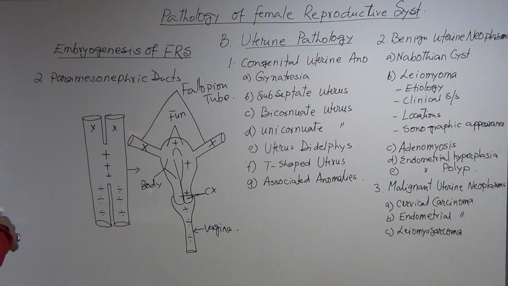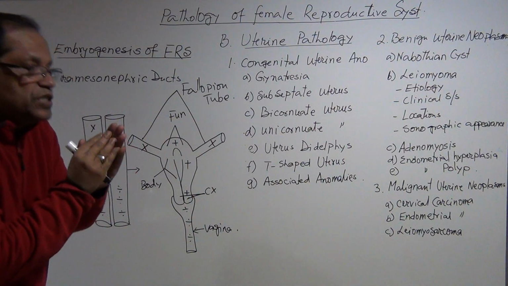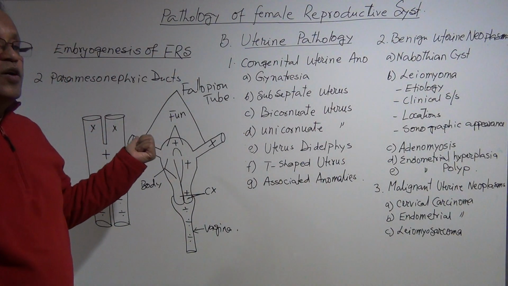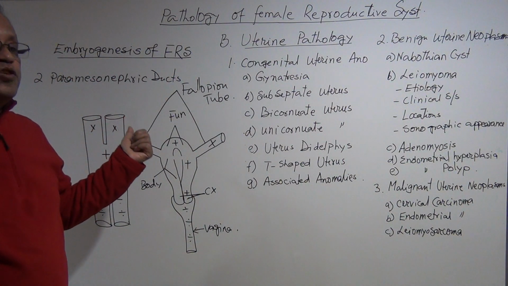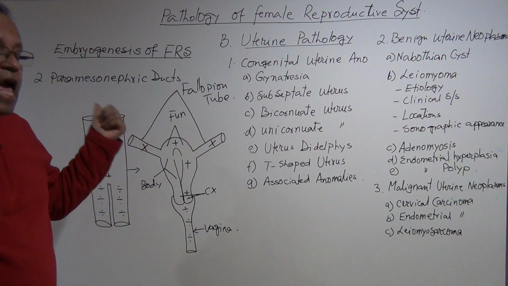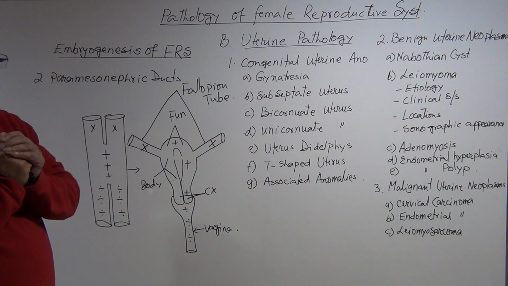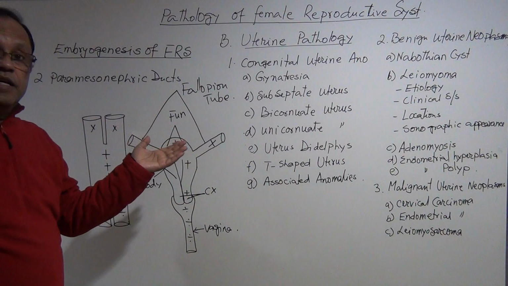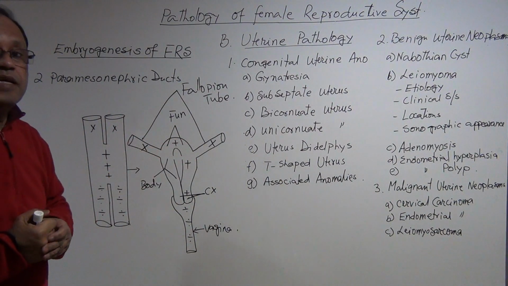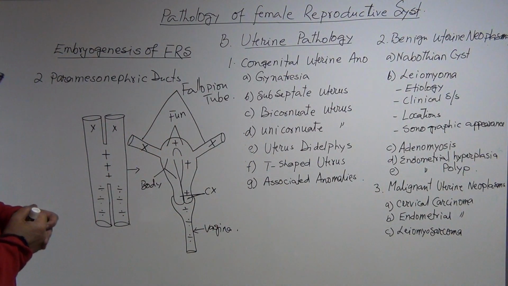So there will be two small uteri, each with one horn, and two cervices and two vaginas. We call it didelphys, uterine didelphys.